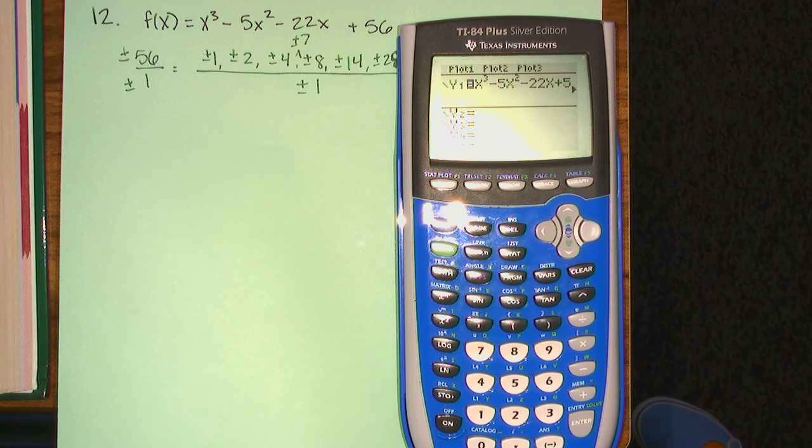Oh. Graph is real. Oh wait, zoom 6. I was like, your graph is really far over. Why is your graph all the way over there? X cubed minus 5x squared minus 22x minus 56. I don't know why your graph is that far off the screen. There should be like parts of the graph over here.